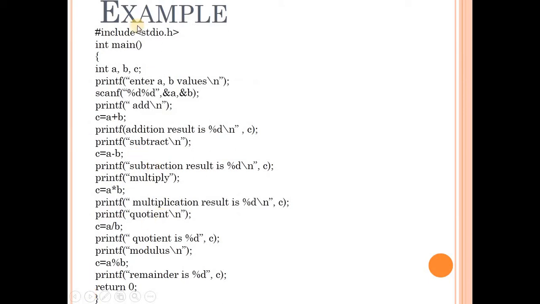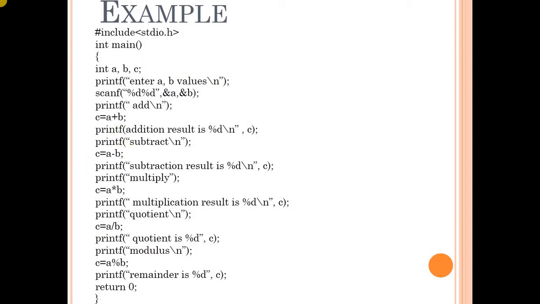Coming to the example, see, this is the example. What we are doing here is adding two numbers, a plus b, and we are asking the user to enter values through the keyboard. The value of a plus b is stored in c, and we want to display the result stored in c, so we use printf. For displaying it is printf, and for reading the values it is scanf.